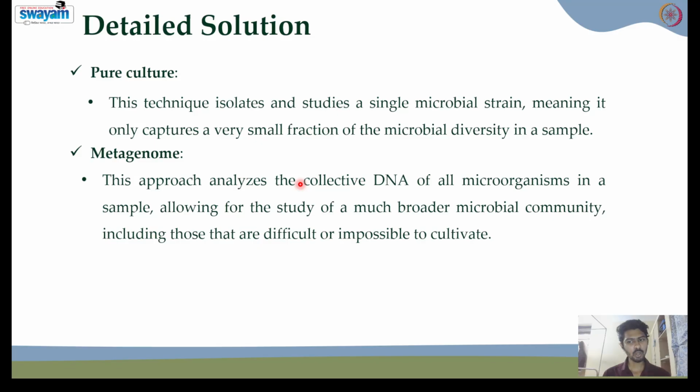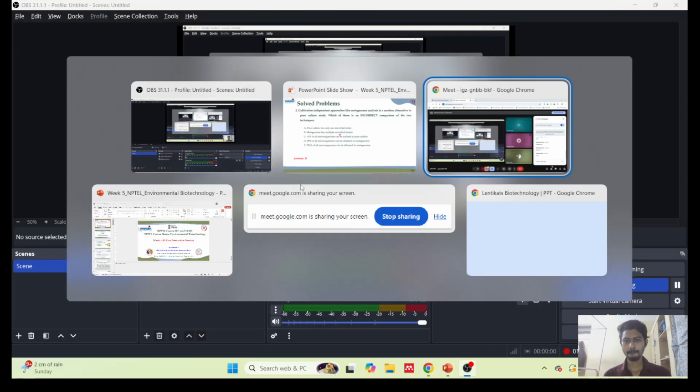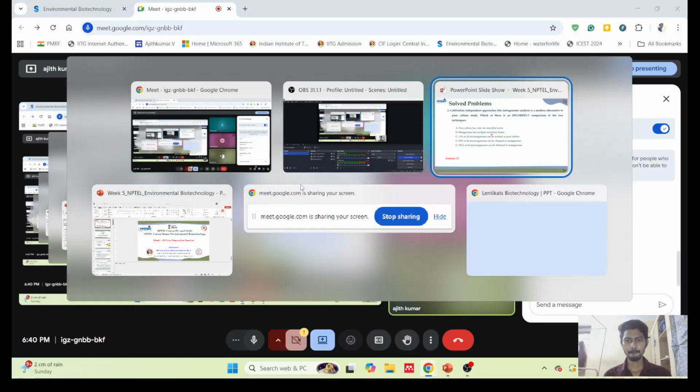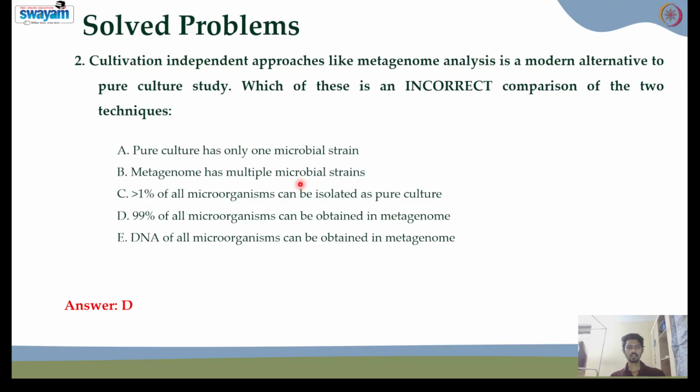With the DNA of all the microorganisms, we can analyze their microbial community. So we will see why the other options are correct. In a pure culture, it is used to isolate and study the microbial strain, only one microbial strain.